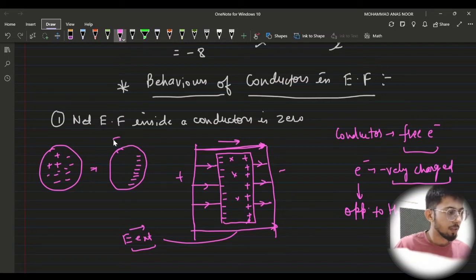So if the electrons are moved in this direction, naturally the positive charge will tend to go away from them and be collected at the other end. The same thing is happening here.